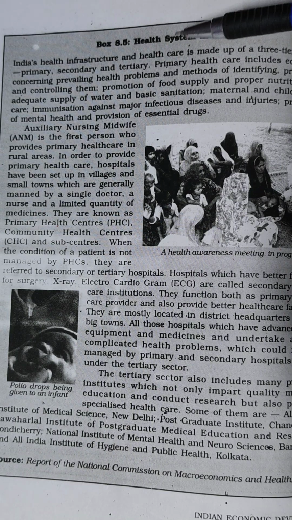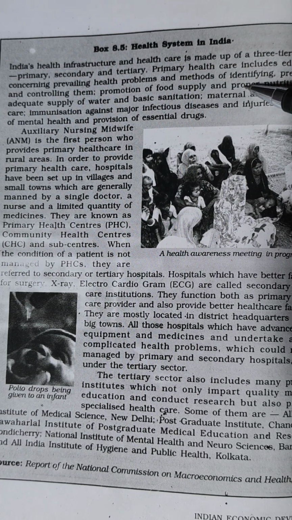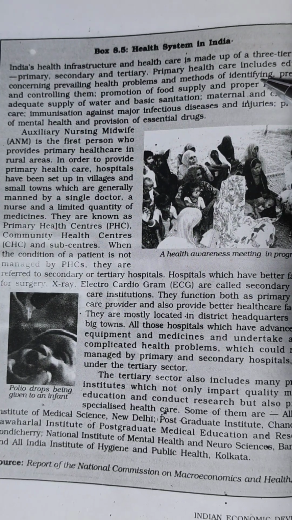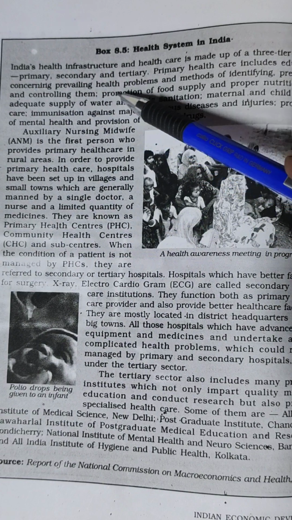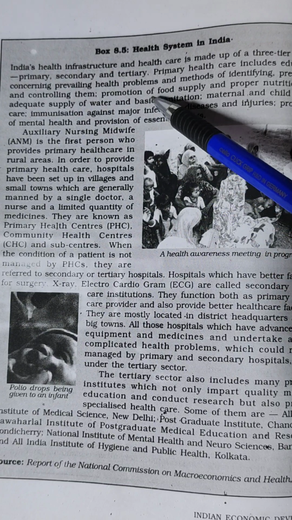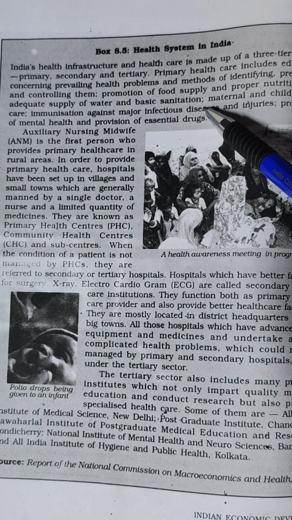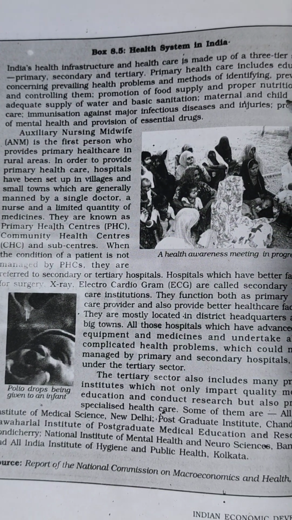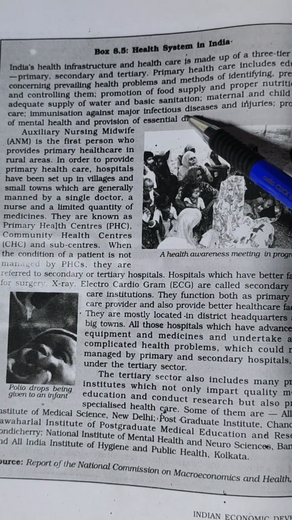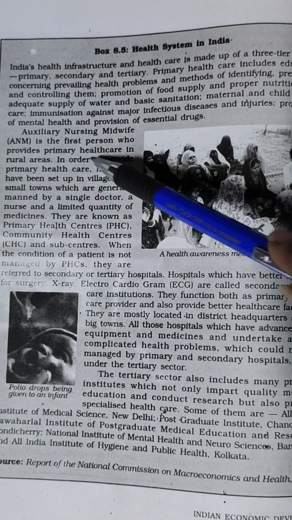Now, reading from box 8.5, health system in India. India's health infrastructure and healthcare is made up of a three-tier system: primary, secondary, and tertiary. Primary healthcare includes education concerning prevailing health problems and methods of identifying, preventing, and controlling them, promotion of food supply and proper nutrition and adequate supply of water and basic sanitation, maternal and child health care, immunization against major infectious diseases and injuries, promotion of mental health and provision of essential drugs.